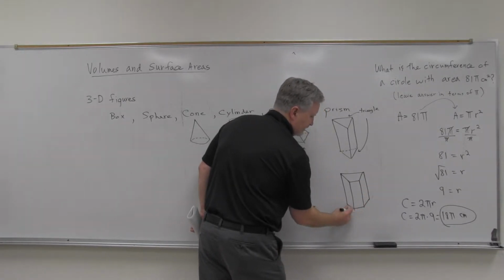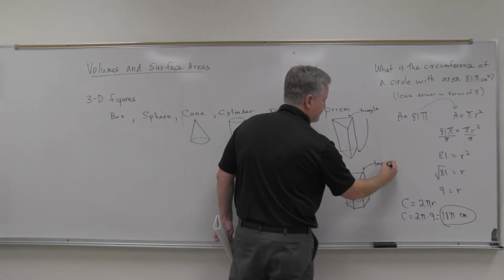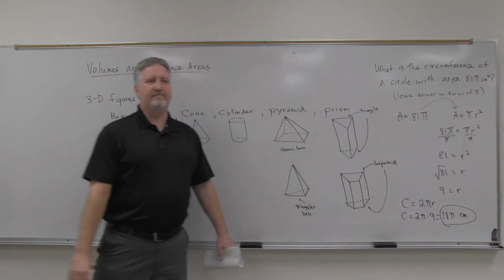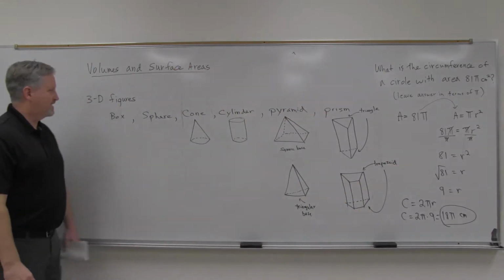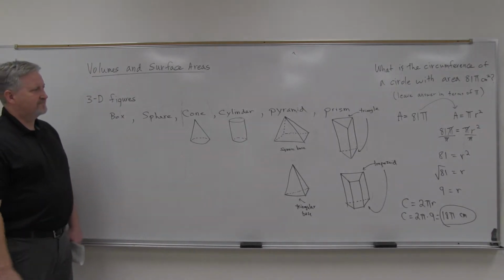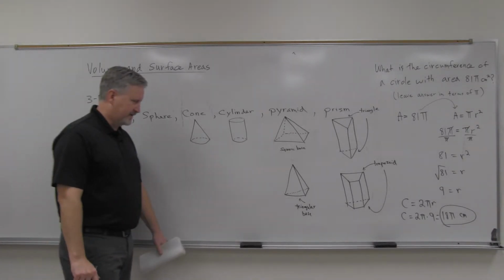And hopefully that kind of looks like a trapezoid. So you can have a trapezoid on the top and bottom for your prism. Same thing can happen on those as can happen on the pyramids. They can be a different shape, top and bottom. So we'll talk about what that would mean to what we're going to calculate on them.